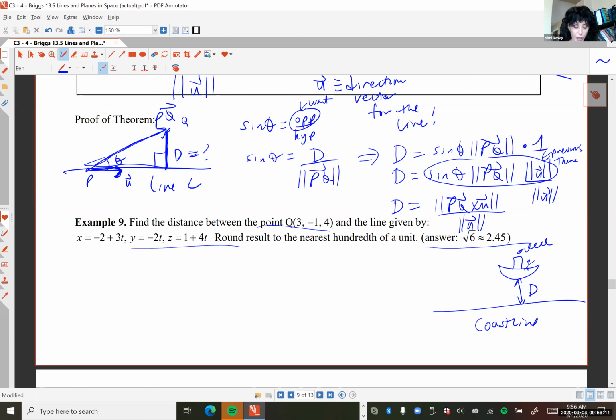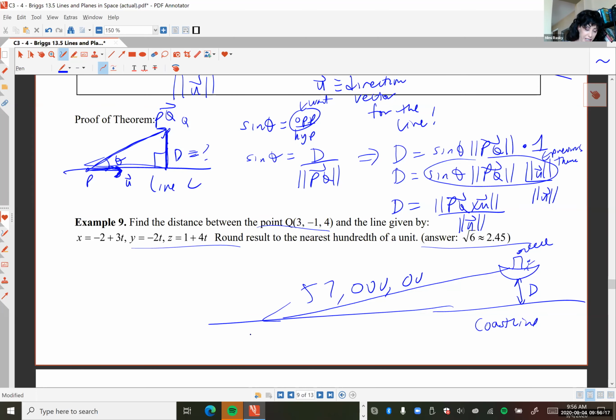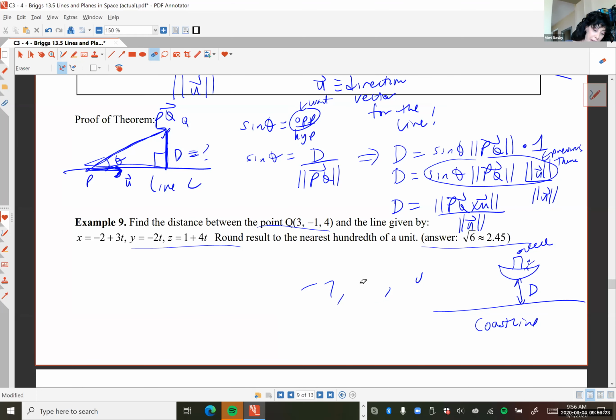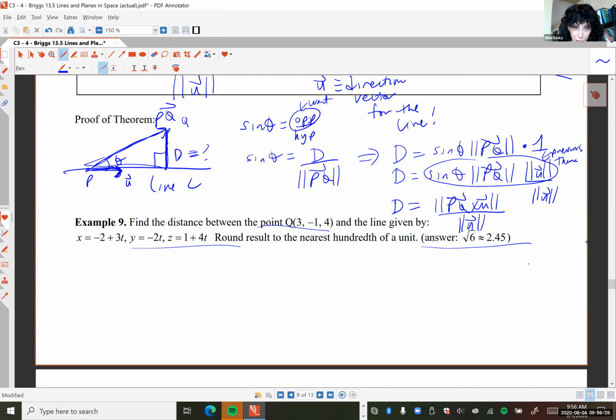That person wouldn't go, ahoy, there's land. Oh, by the way, we're 57,000 million miles away from land by taking this distance here. That would be ridiculous, okay? So just think about that when you're being asked to find distances. It's understood to be shortest distance.